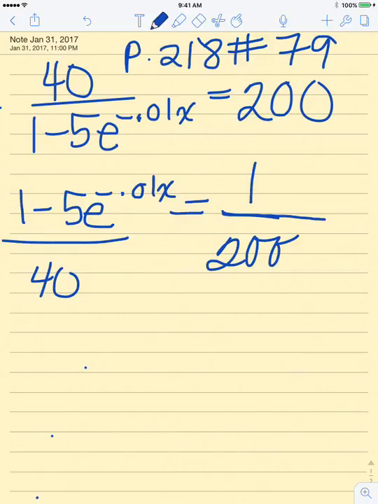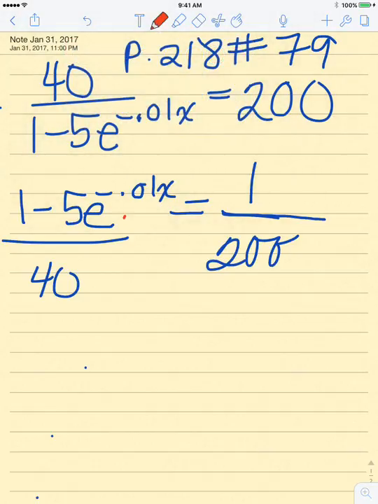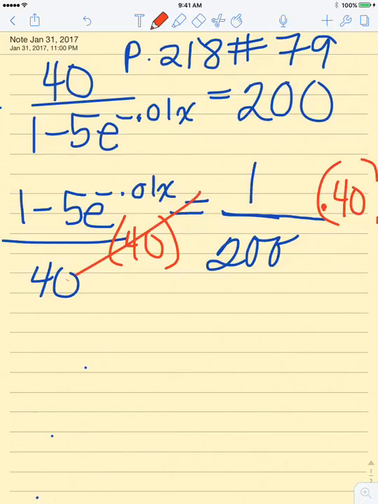Okay, the next thing I want to do is, let's get rid of the 40. So let's multiply both sides by 40. I'll do it in a different color. I'm going to multiply this side by 40, and I'm going to multiply this side by 40. What happens here? The 40s cancel out, and here 40 is just in my numerator.